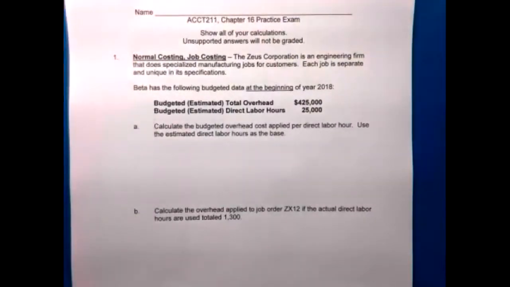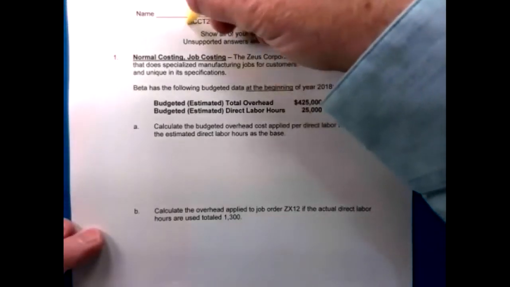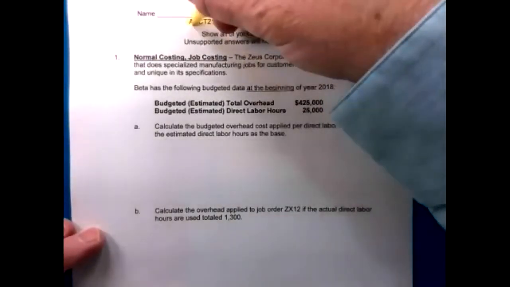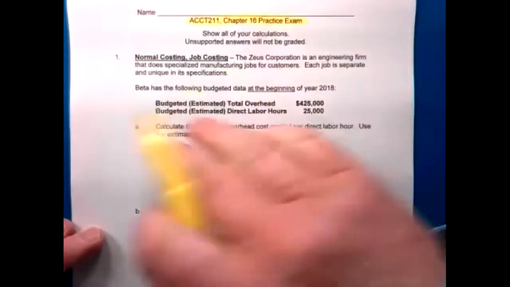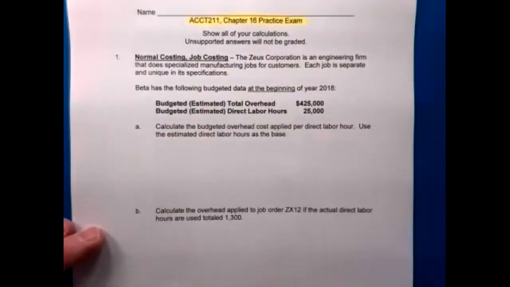All right, so let's go to the chapter 16 practice exam. And again, you can type right into this one. I don't think there's anything crazy on this. No T accounts or anything like that.